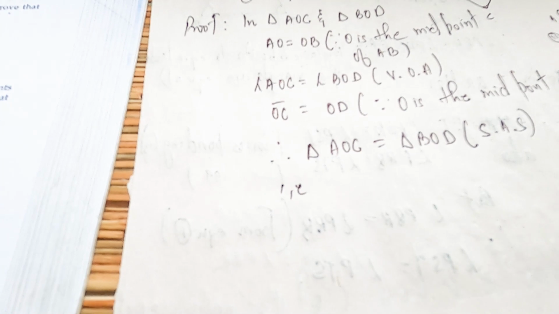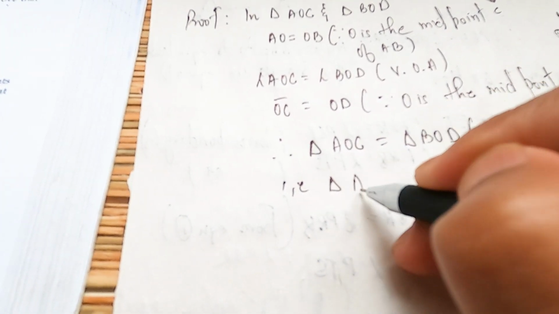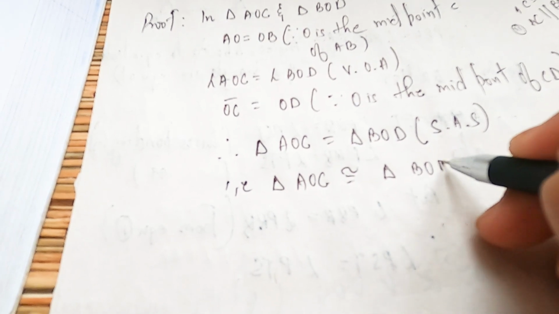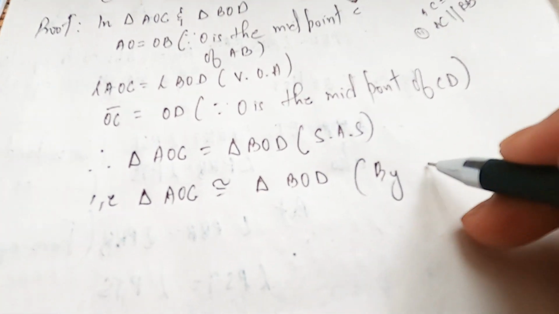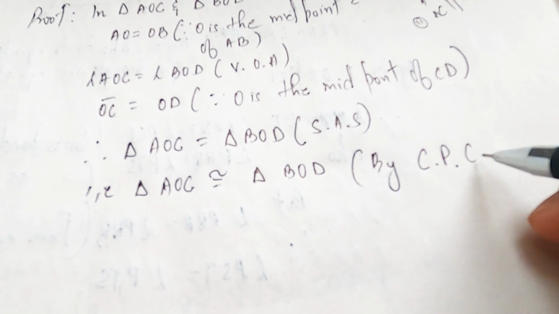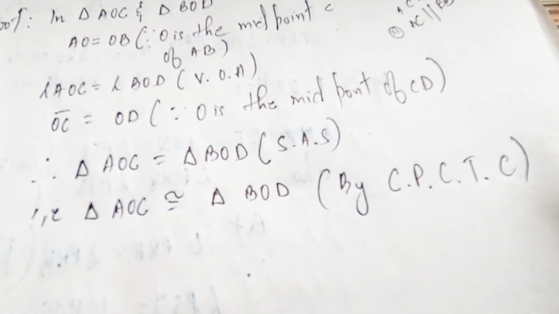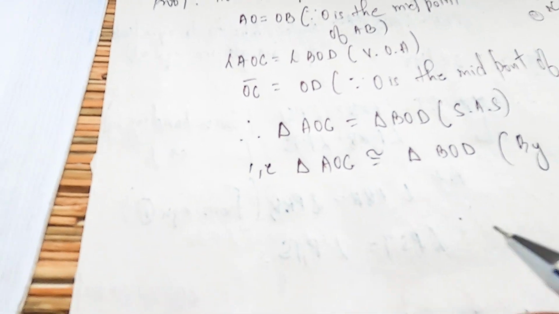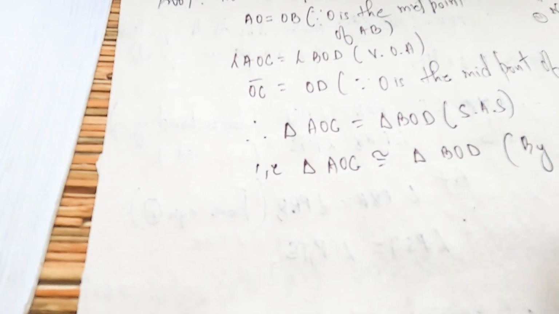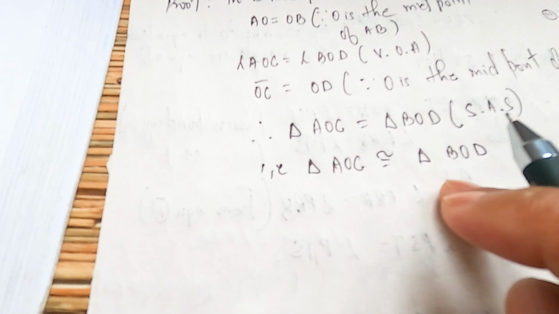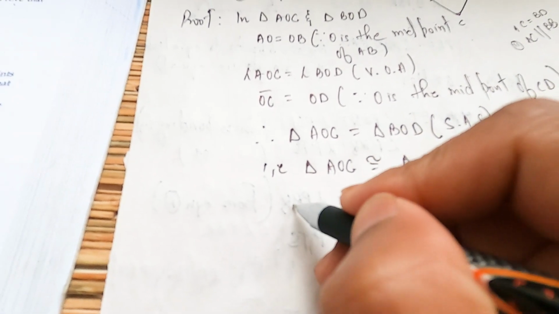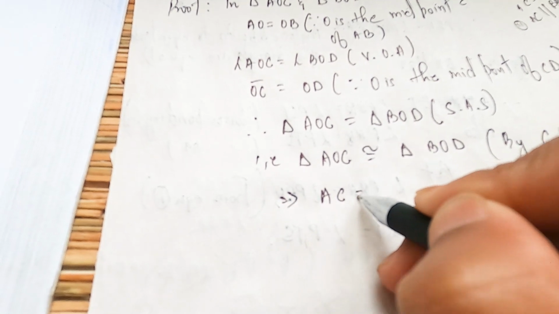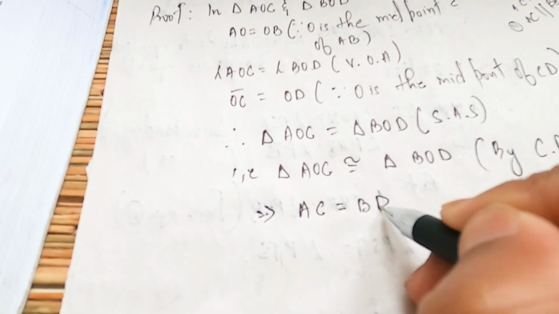Which implies that triangle AOC is congruent to triangle BOD, by corresponding parts of congruent triangles are congruent. Since the two triangles are congruent, we can say that AC is equal to BD.